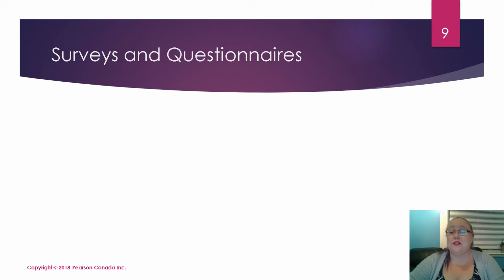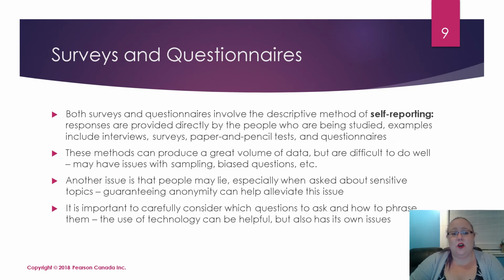Finally, with respect to our descriptive methods that we're going to discuss in this course, we have surveys and questionnaires. Both surveys and questionnaires involve the descriptive method of self-reporting. That basically just means responses are being provided directly by the people who are being studied. A self-report means that you're sitting down, filling out the survey or the questionnaire, and providing that information directly to the researcher.